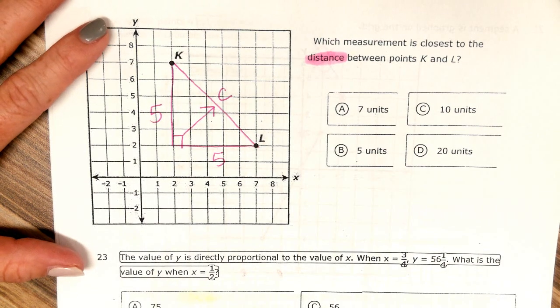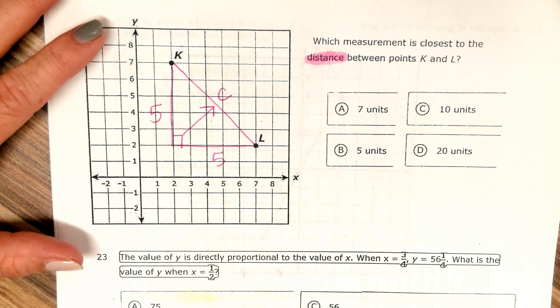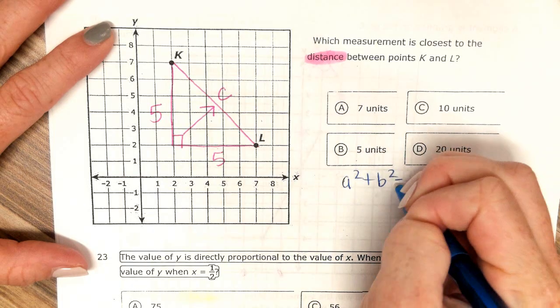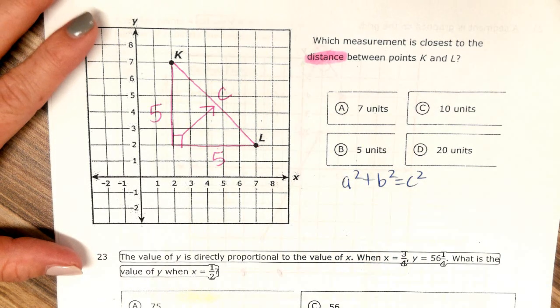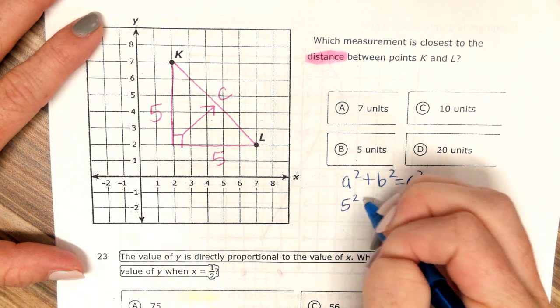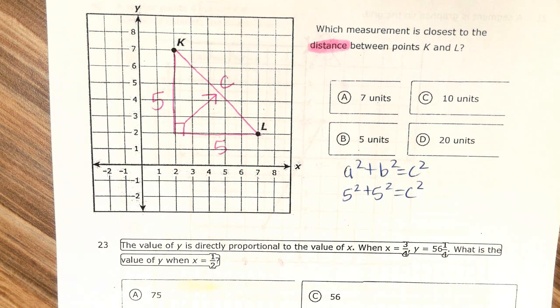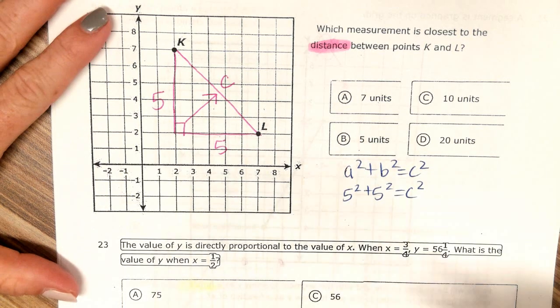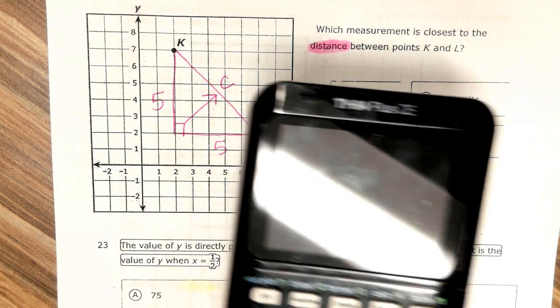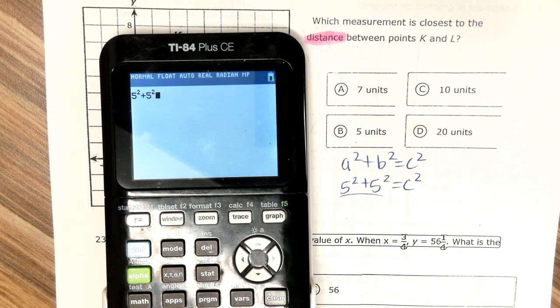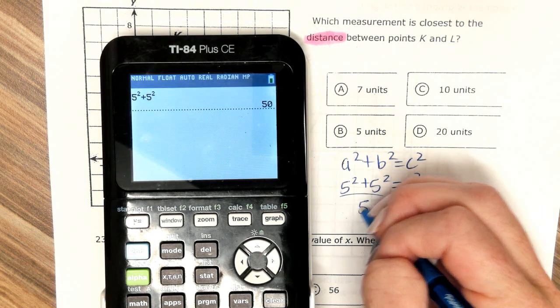And I'm going to use Pythagorean theorem. So I'm going to do a squared plus b squared equals c squared. So I'm going to do 5 squared plus 5 squared equals c squared. Do I add or do I subtract? Add. Why? Because I'm solving for C and I can add 5 squared plus 5 squared. So I go to my calculator. 5 squared plus 5 squared is 50.